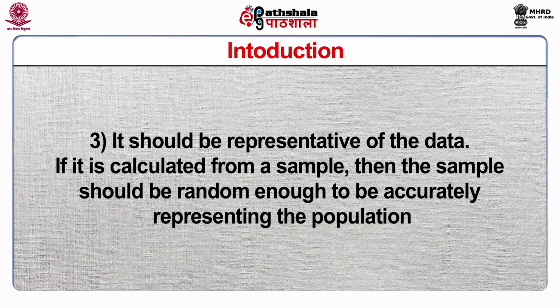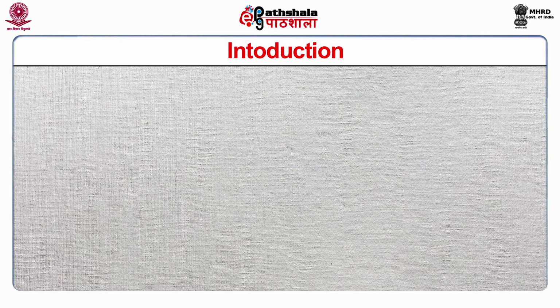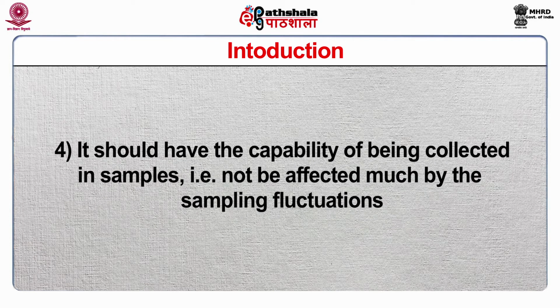Thirdly, it should be representative of the data. If it is calculated from a sample, then the sample should be random enough to be accurately representing the population. Fourth, it should have the capability of being collected in samples, that is, not be affected much by the sampling fluctuations.